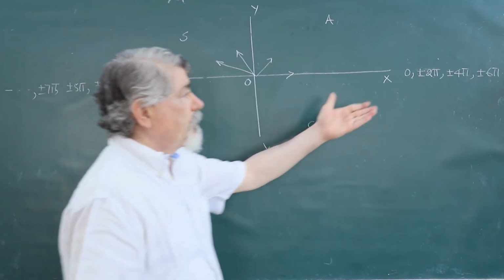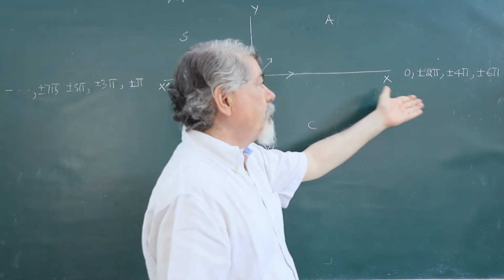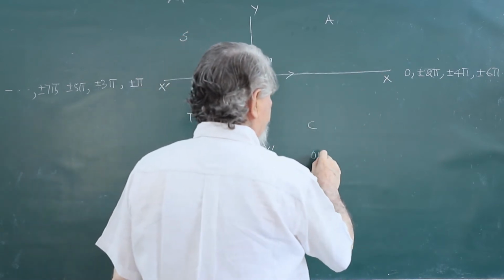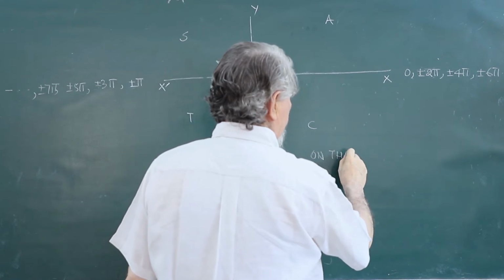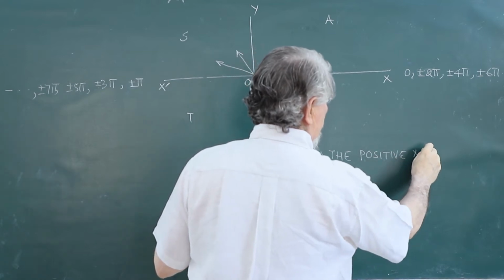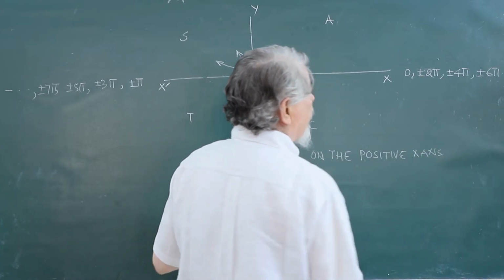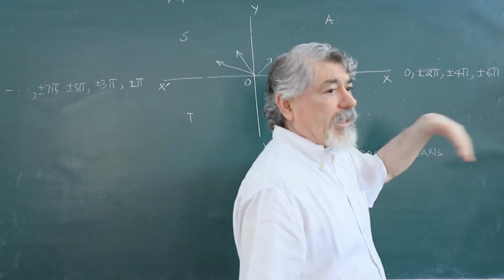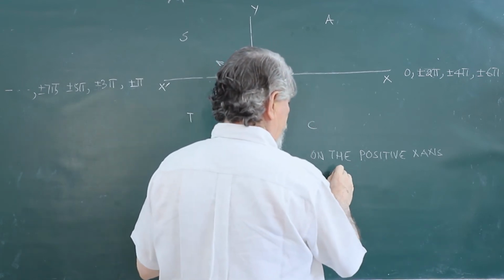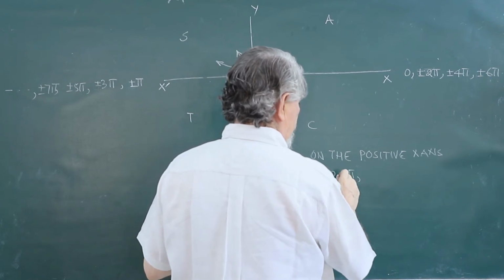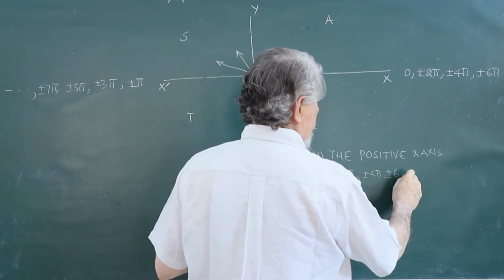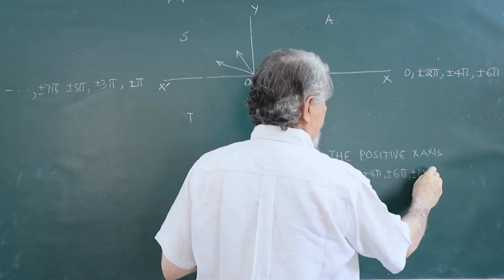What is the difference? On the positive direction of the x-axis, what do I get? I get the even multiples of pi, like 0, 2 pi, plus minus 4 pi, plus minus 6 pi, plus minus 8 pi, and so on.